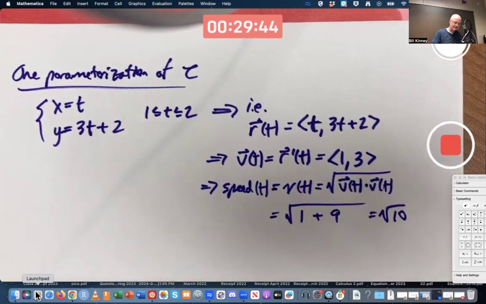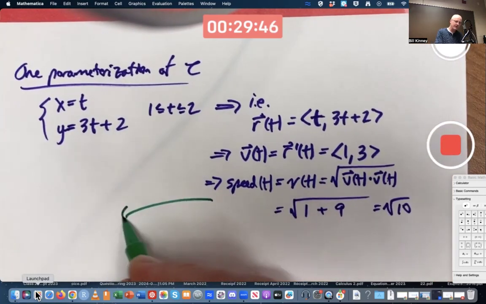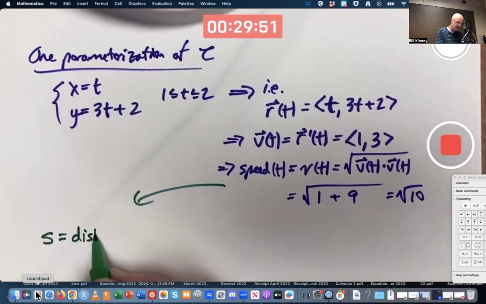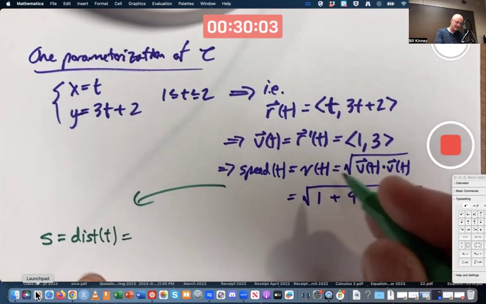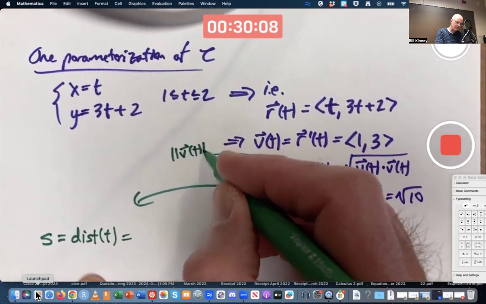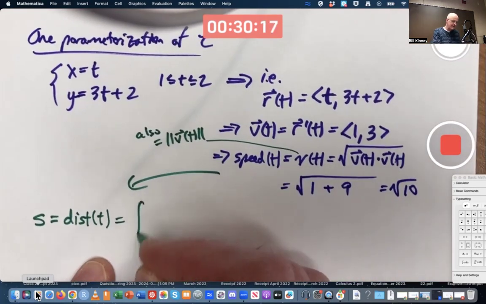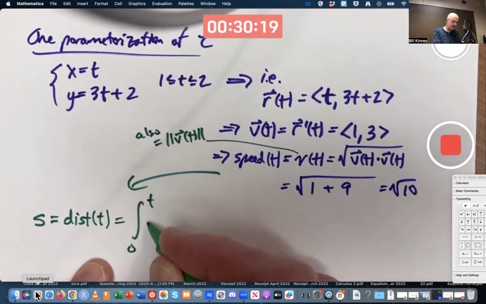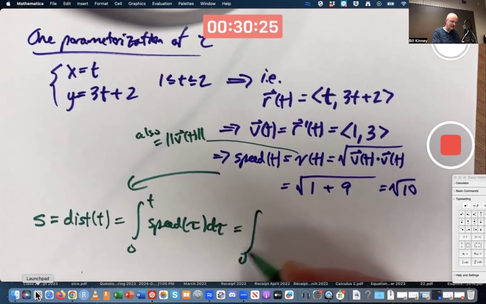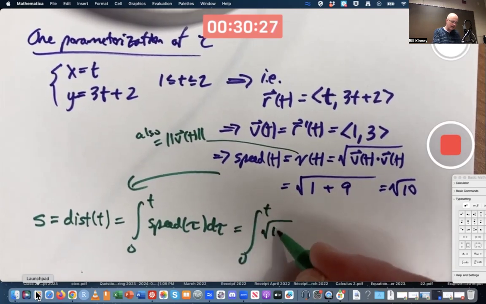That also leads us to say the distance traveled function, arc length as a function of t. By the way, the speed is also the length of the velocity vector. The distance traveled is the integral of the speed. Use a different letter like tau. But this speed is constant at square root of 10.